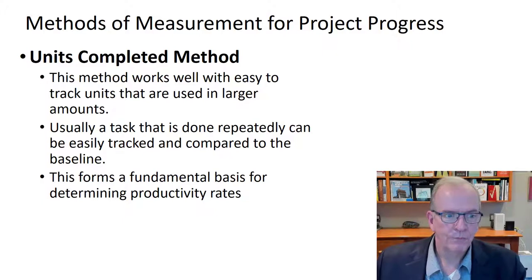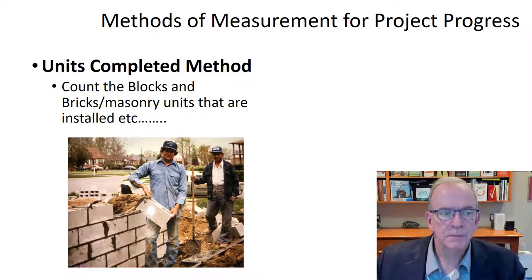It's very helpful if it's something that's repeated. It's helpful for measuring productivity because you can also determine productivity rates: how many units you're doing for a set period of time, like a work hour, and so forth. That makes it a little bit easier to measure.